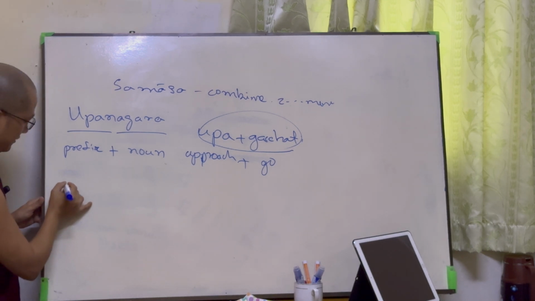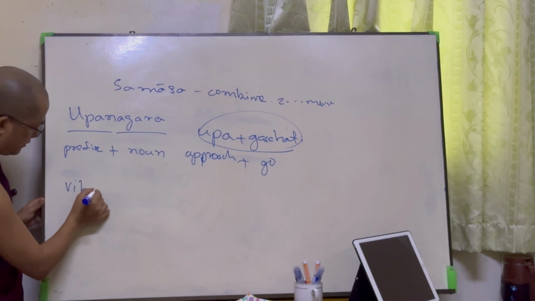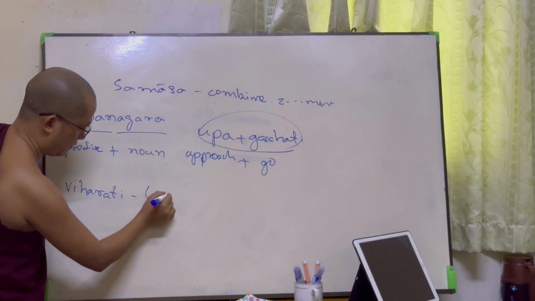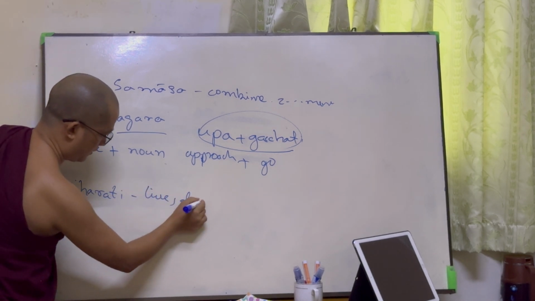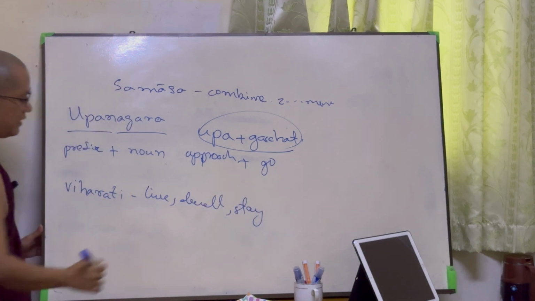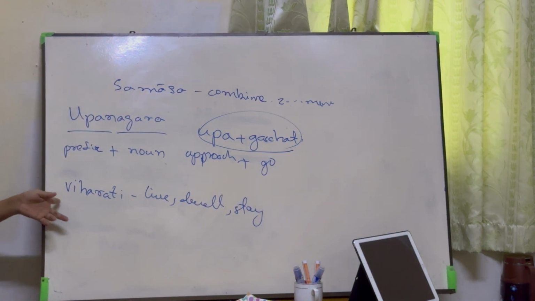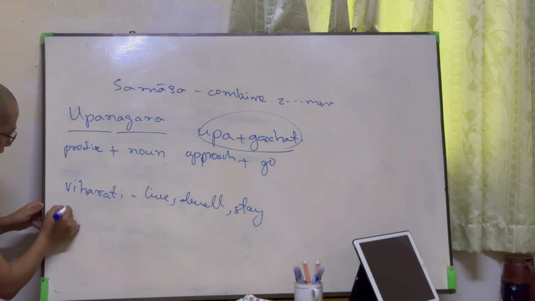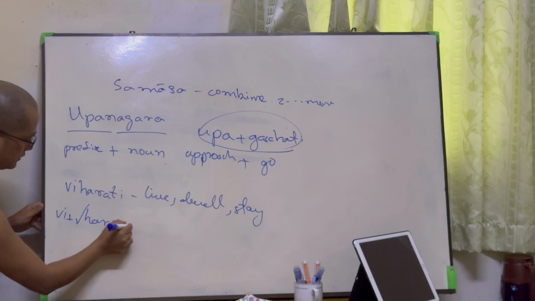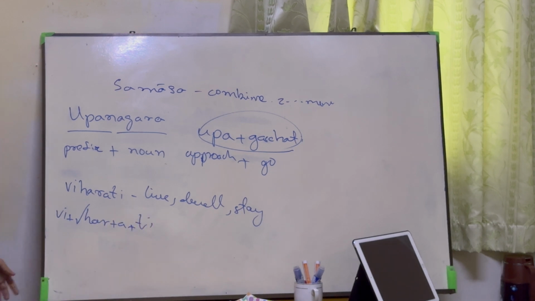You already know we have ready, live, or dwell or stay. We translate it like this. When we analyze this one, we is the prefix, the root is ha, and the conjugation and sign is t.